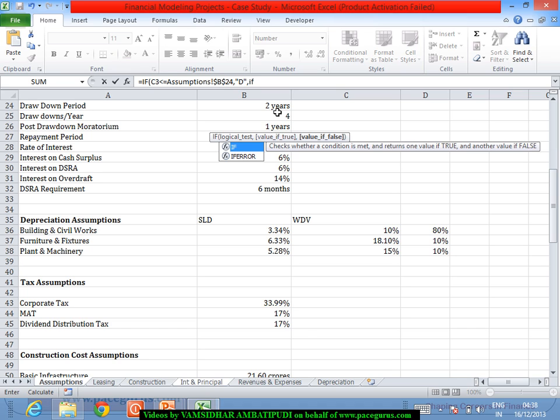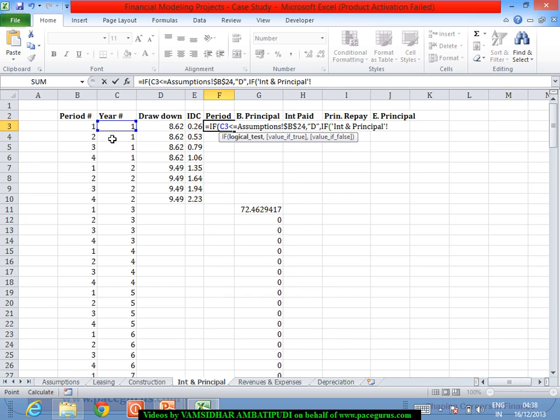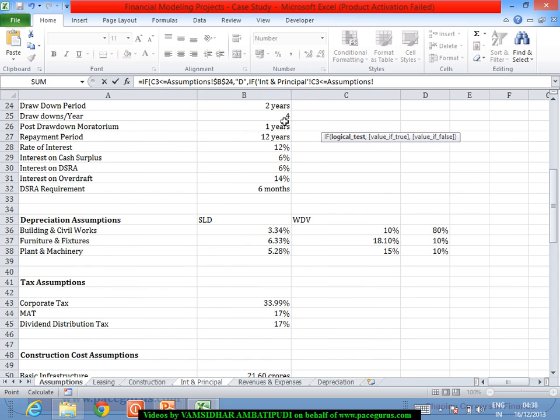Otherwise, if it is not D, then I am checking again whether the year number is less than or equal to, let me call it, the sum of the drawdown period as well as the moratorium period.